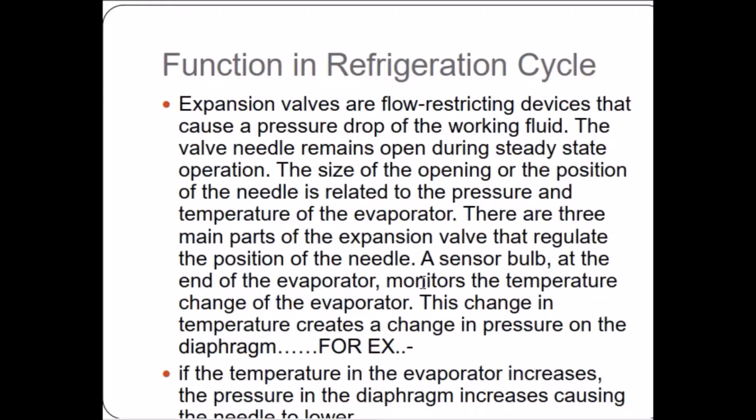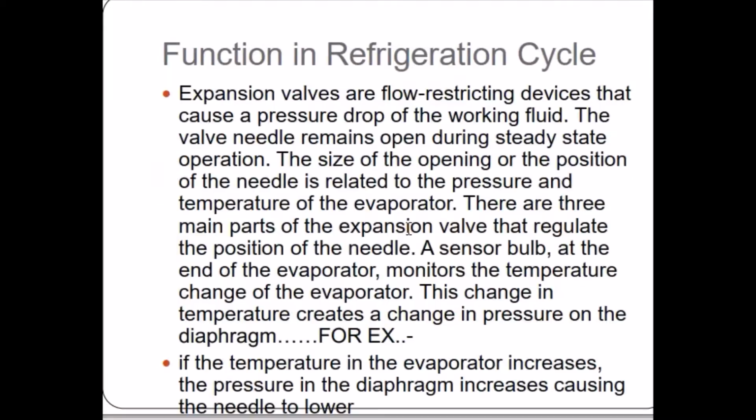The function in the refrigeration cycle: expansion valves are fluid restricting devices that cause a pressure drop of the working fluid. The valve needle remains open during steady state operation. The needle means the diaphragm within the valve, with an input and an output valve.